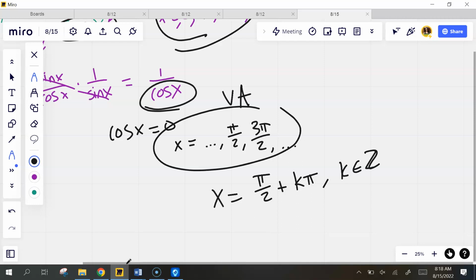That way I don't have to worry about saying it's an odd multiple of pi up top. But either way, either one of those would suffice. What else?